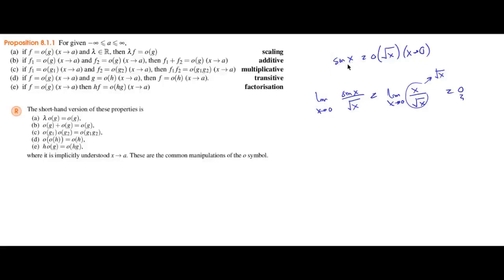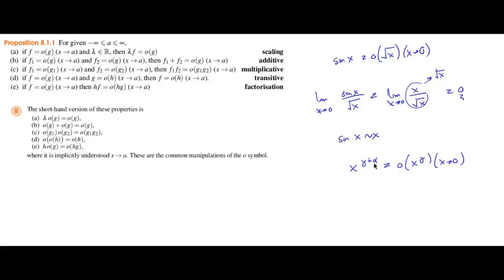Because the sine is approximately equivalent to x when x goes to 0, then it means that x is small o of the square root of x when x goes to 0, just like what we were saying before, that x to the gamma plus alpha is small o of x to the gamma when x goes to 0.